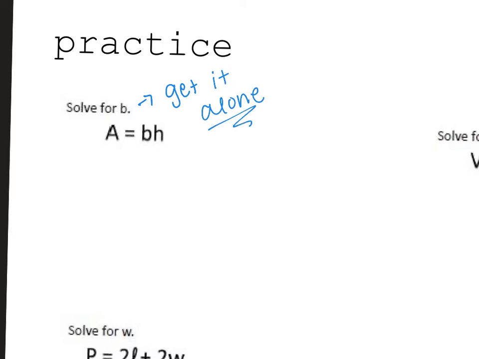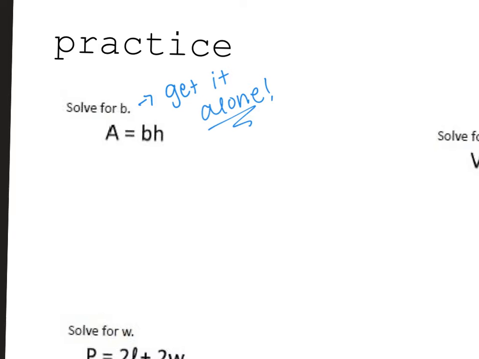We want it all alone. So in order to get B alone, we need to rearrange the furniture. And the way that we're going to do that is by doing the opposite operations just like we are used to. That doesn't change. We still have to do the opposite operations to get B alone.